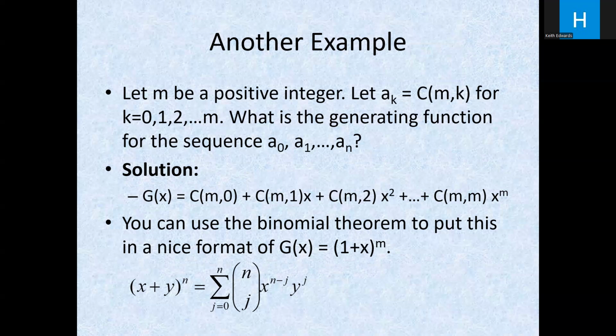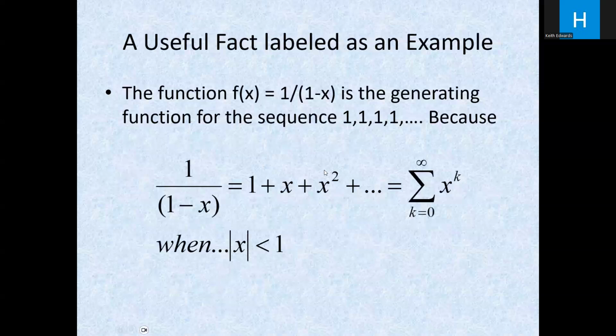So in general, g of x is going to be C of m choose 0, C of m choose 1 times x, C of m choose 2 times x squared, plus C of m choose m, x to the m. And so if you remember back, we had the binomial theorem, and that would be x plus y raised to the n is the sum of n choose j, x to the n minus j, y to the j.